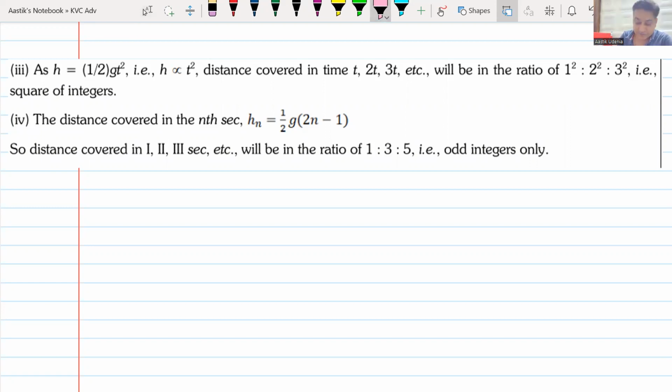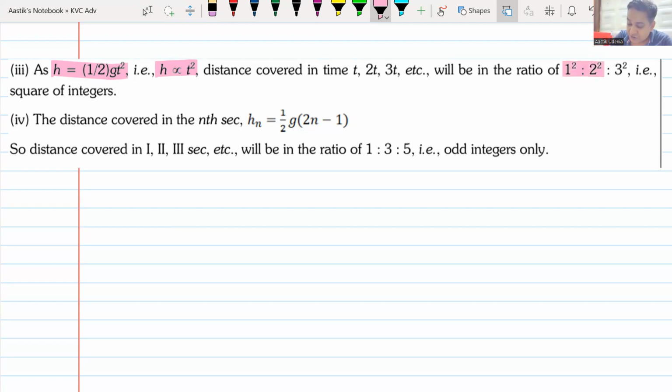Now, what we can understand from this: H, the displacement that it moves, is half gt square, u is 0. So it is directly proportional to t square. Remember this. Therefore, what will be the displacement in 1 second, 2 seconds, 3 seconds, 4 seconds?